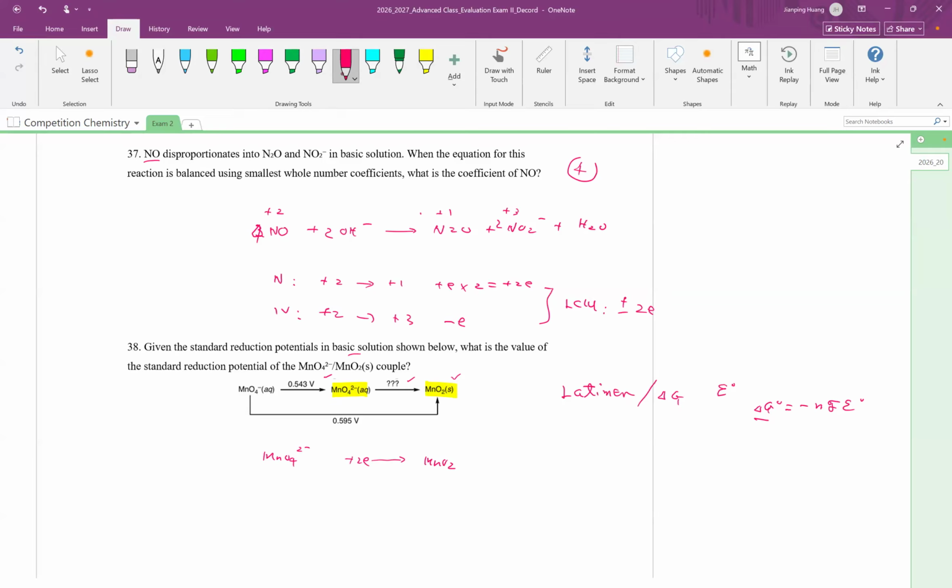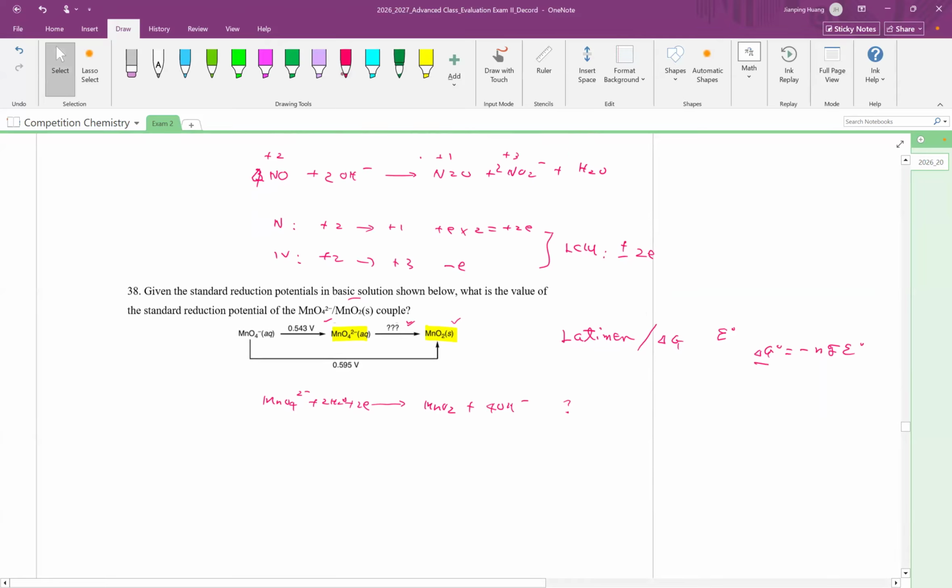And then you balance what? Then we balance electrons, then balance charge. 2 minus, 2 minus, you get the 4 OH minus. Then balance hydrogen, should be 2 water. So that one we are done. Now that we need to find out. Okay, that one need to find out.